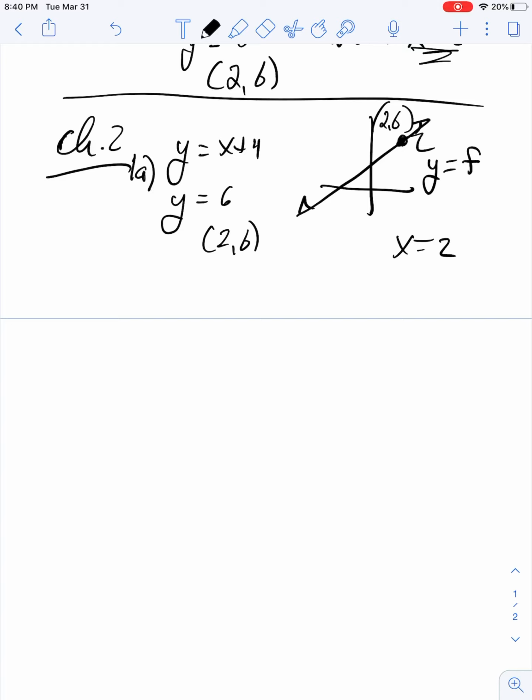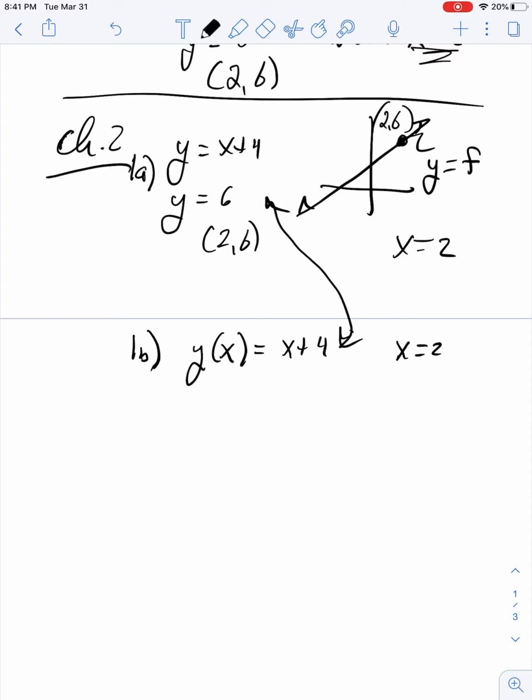But then, let's say this is question 1a. On 1b, I would say, y of x equals x plus 4 when x equals 2. And kids would say, well, isn't this the same problem?